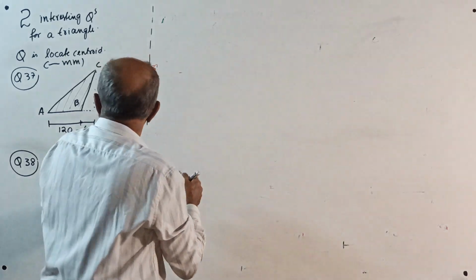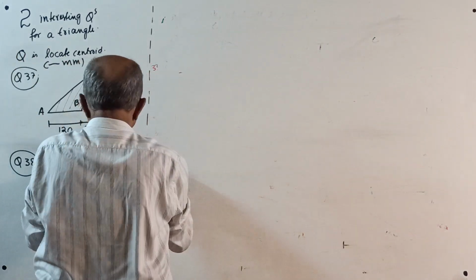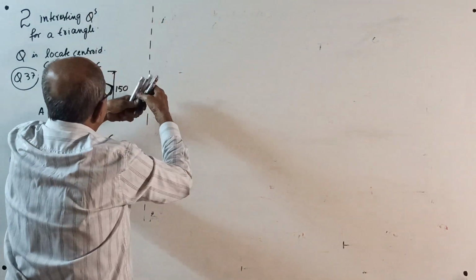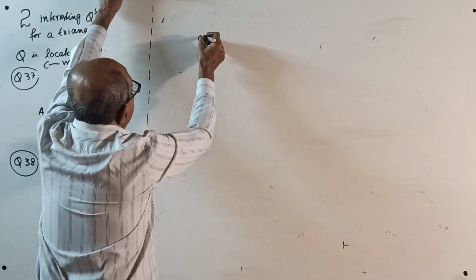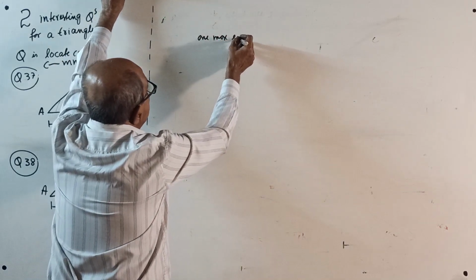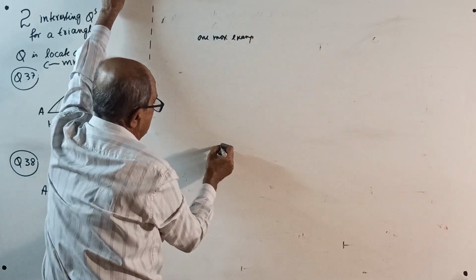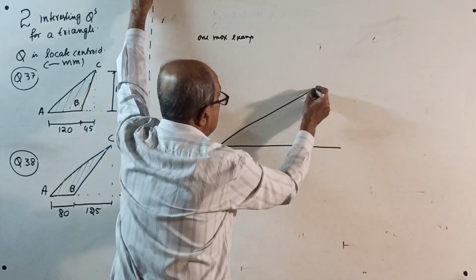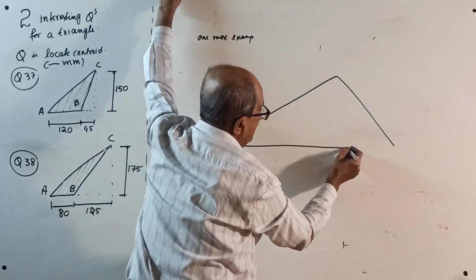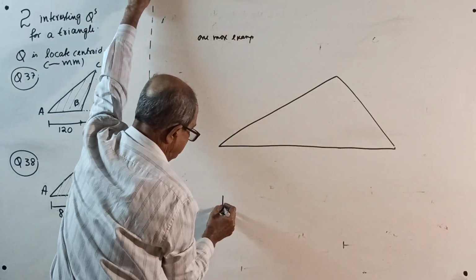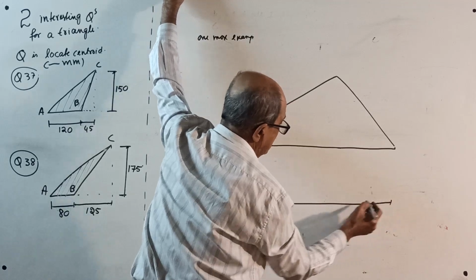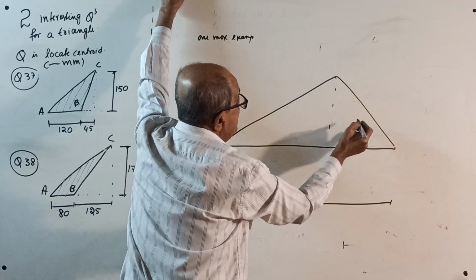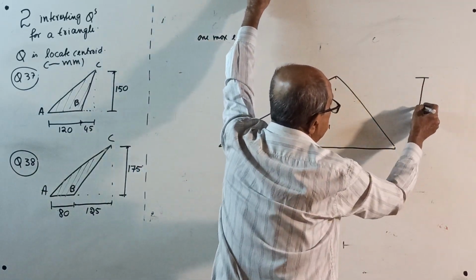Before you go to 37, 38, here only, in our extra information, one more example. This you should solve. This way a triangle, right triangle here. Base I'll take a round number: 300 is the base. Height is 180.